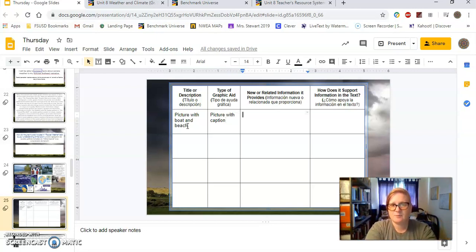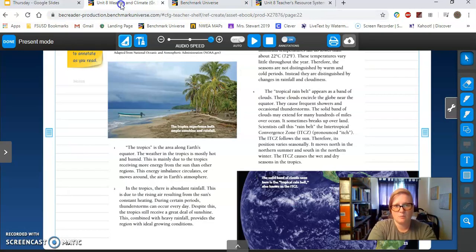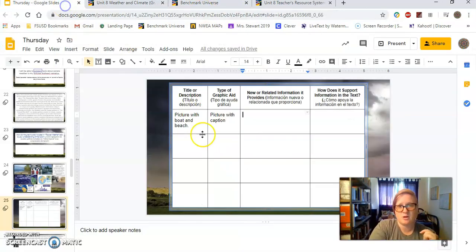New or related information it provides. So the picture shows me what the tropics looks like, and the tropics experience both ample sunshine and rainfall. So paragraph 2 told me that. This actually, the caption didn't really tell me much. It just gives me an example of what the tropics look like when I'm thinking about the tropics. So, no new information.